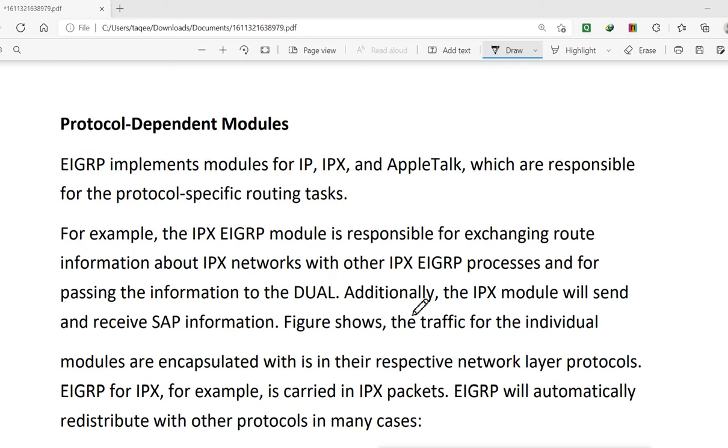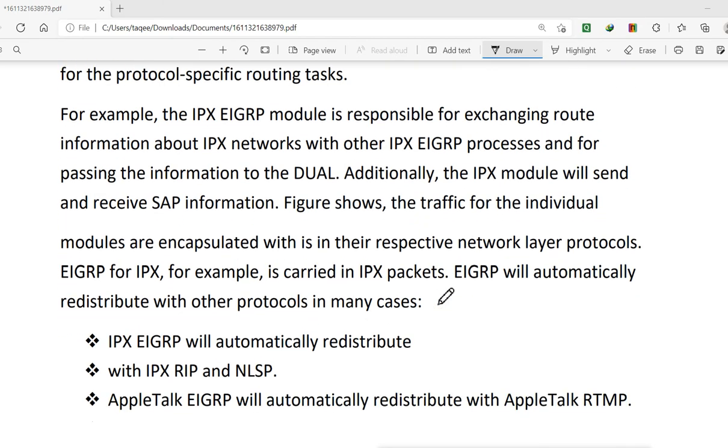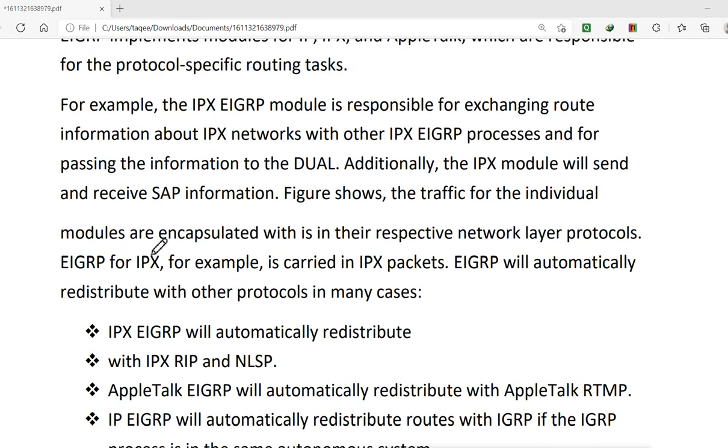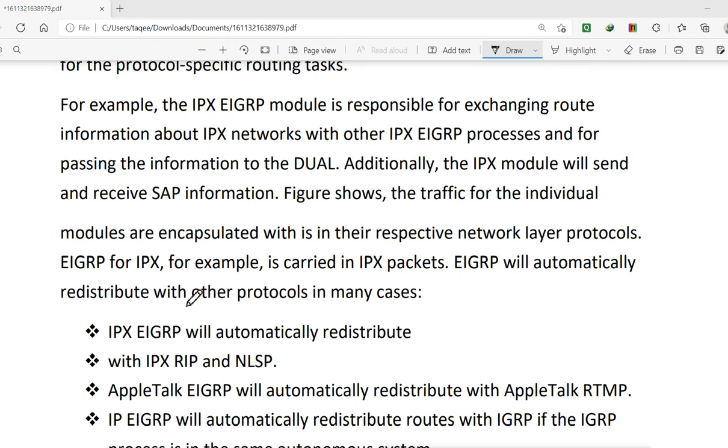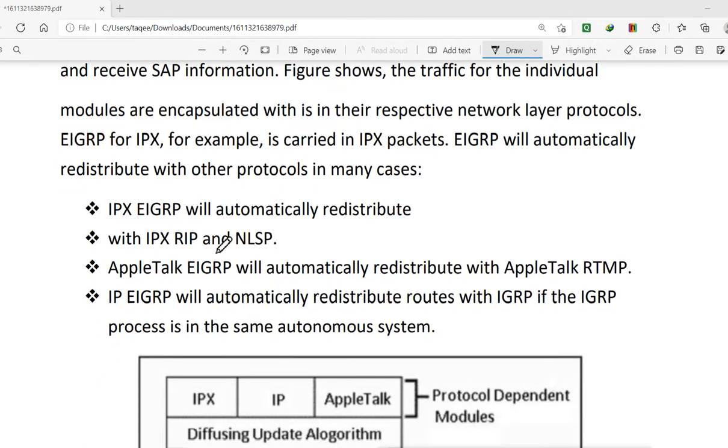Additionally, the IPX module will send and receive SAP information. The figure shows the traffic for the individual modules, which are encapsulated within their respective network layer protocol. EIGRP for IPX, for example, is carried in IPX packets, and in many cases EIGRP will automatically redistribute with other protocols, like IPX RIP and NLSP.